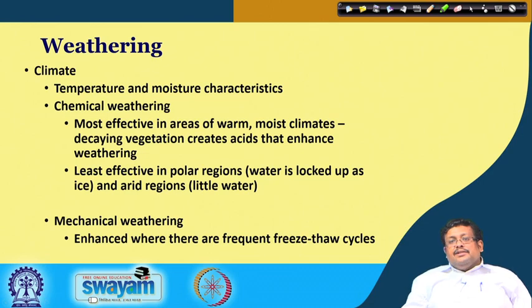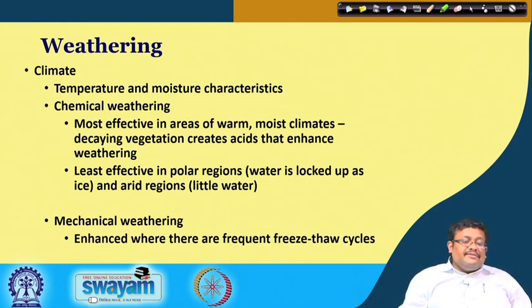What are the major factors that affect weathering? Climate is the prime factor that affects weathering, especially the temperature and moisture characteristics. Chemical weathering is most effective in areas of warm or moist climates, and in those climates decaying vegetation creates different types of acid that enhance weathering.